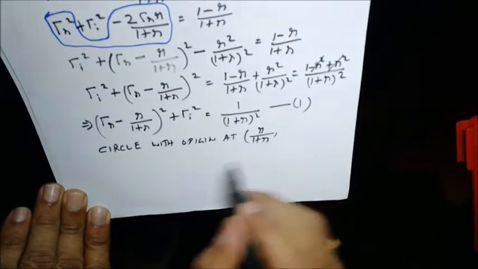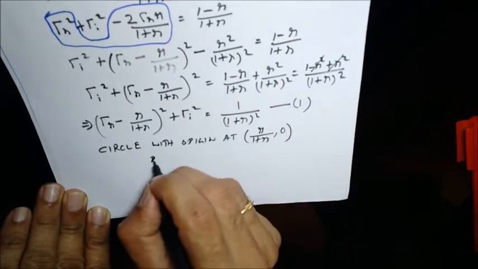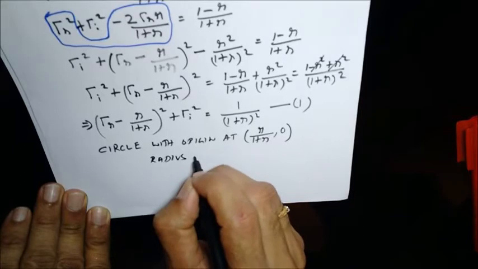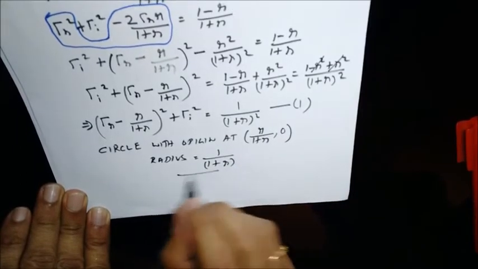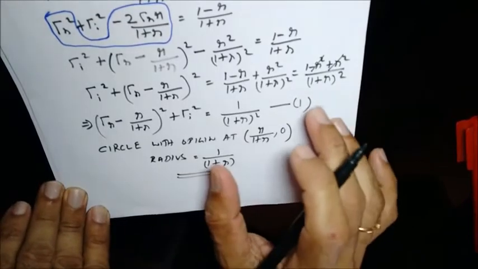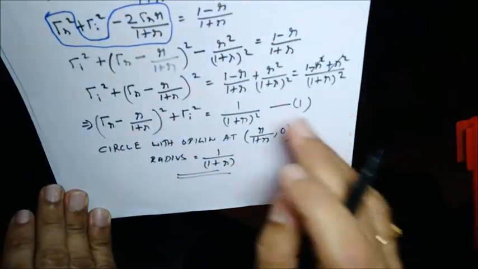The origin is at r by 1 plus r and 0, and the radius is 1 by 1 plus r. So this is our first part of the derivation of the Smith chart. We have used the real part of the normalized impedance and done this.